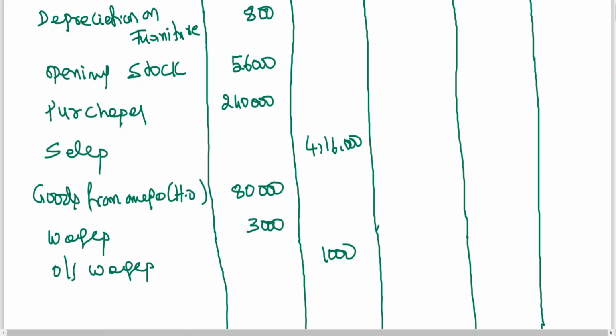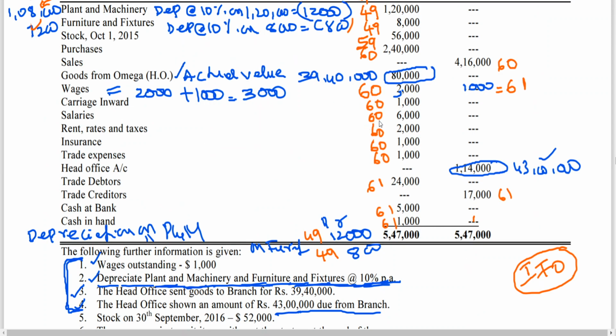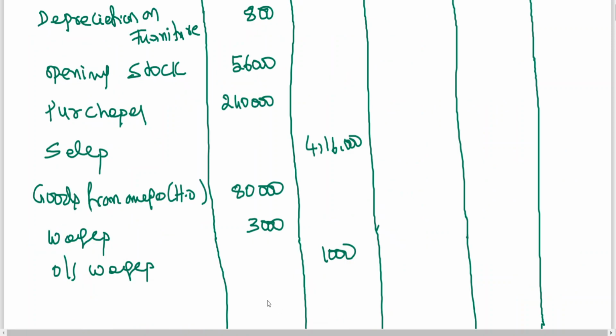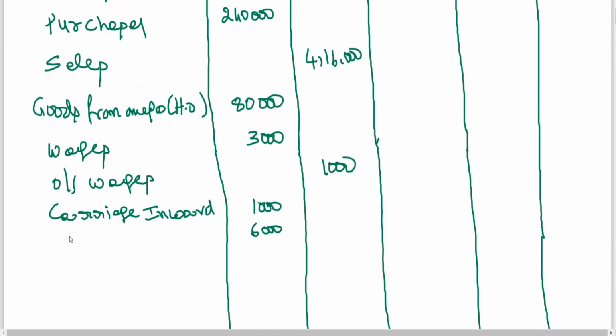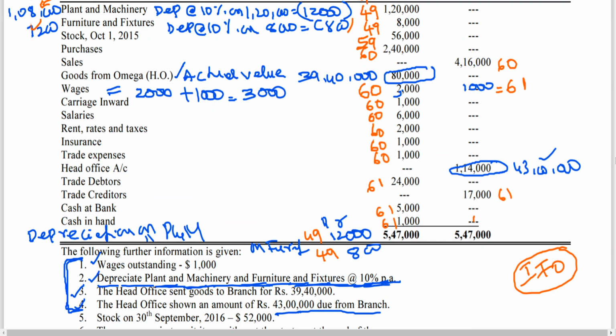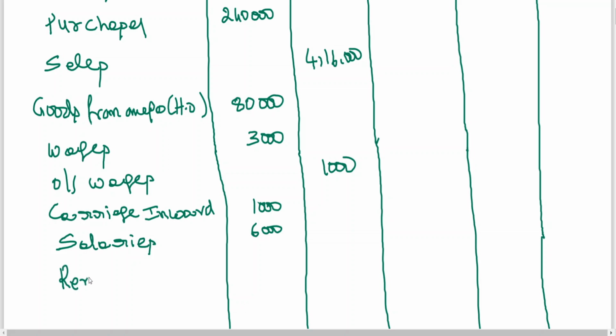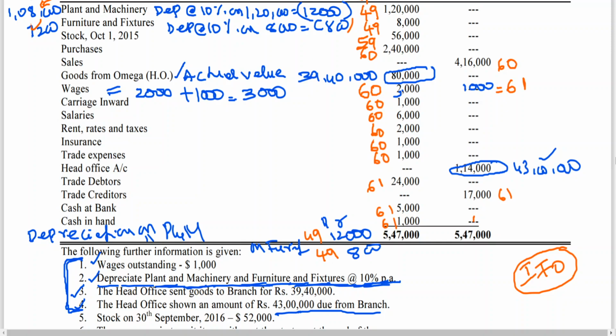Okay. Then carriage inward 1,000. Salary 6,000. Rent and rates 2,000. Insurance 1,000.